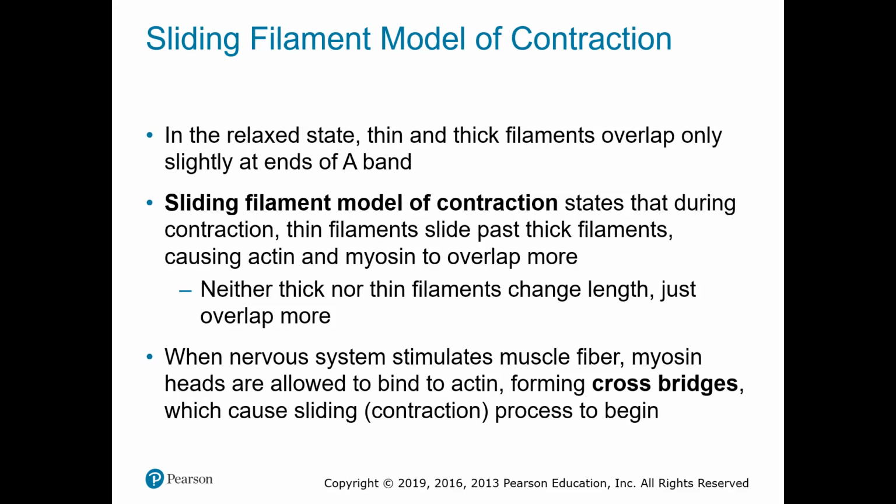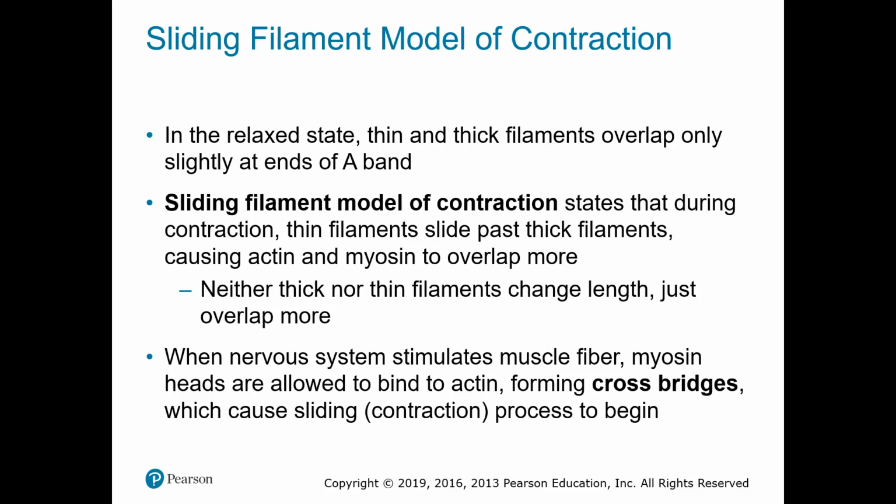It explains how thin filaments, the actin, slide over the myosin. Thin filaments slide over the thick filaments. They do not change their length at all, but we slide thin over thick.